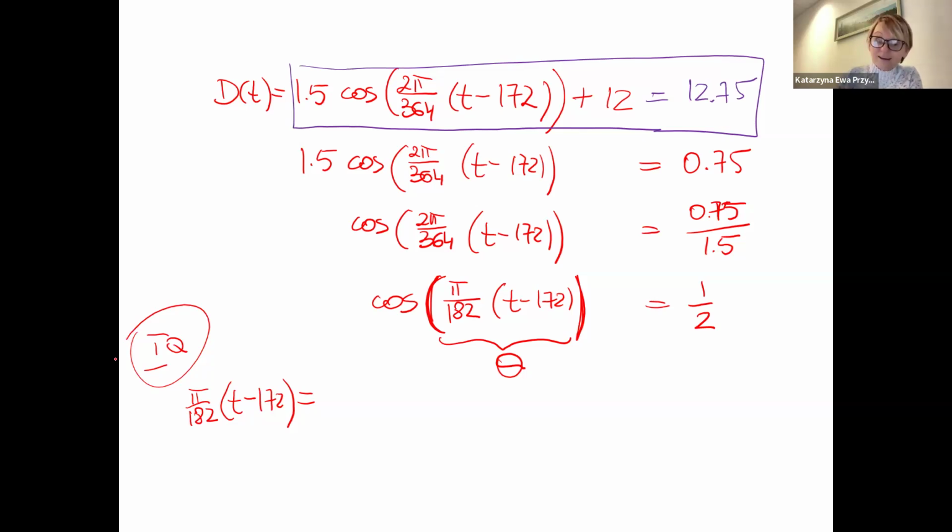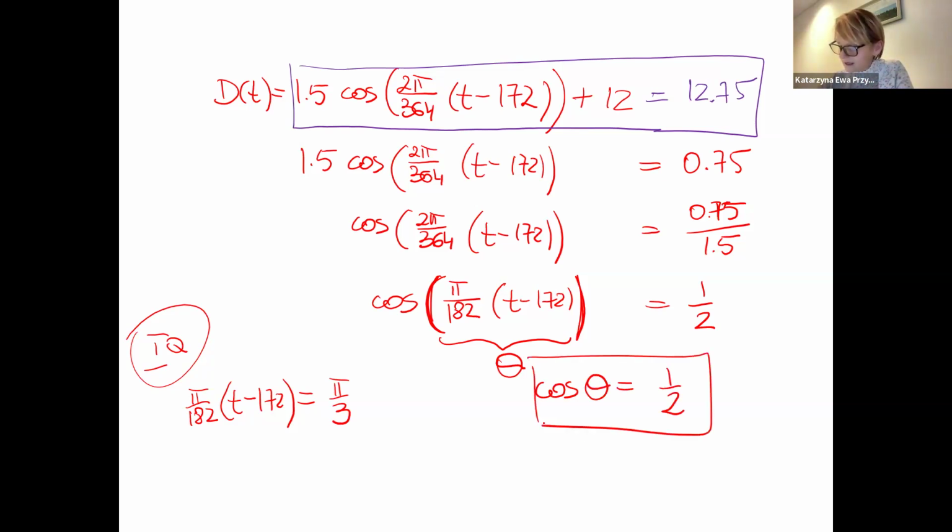Cosine for what angle equals 1/2? Really quick, 60 degrees, pi over 3. Of course you can use arc cosine of 1/2, but we know it. Cosine theta equals 1/2, and then theta is pi over 3.